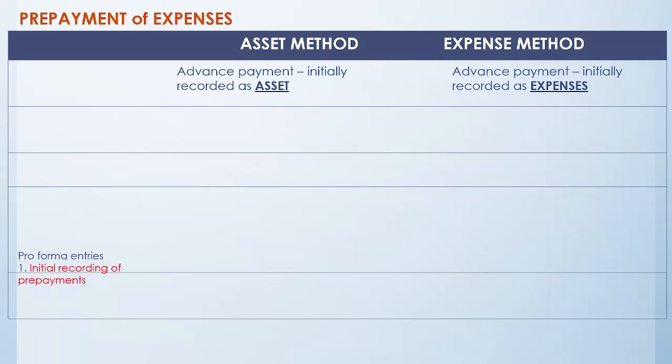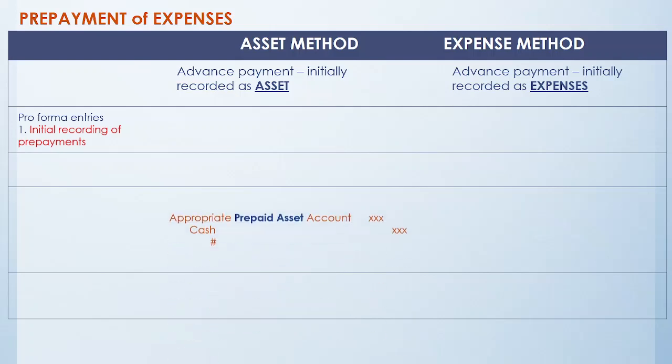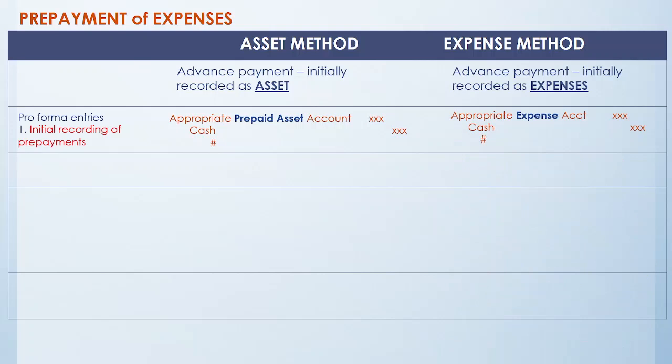Alright, we have the pro forma entries to record the prepayments of expenses. Using the asset method, we debit the appropriate prepaid asset account. Please take note, it is an asset accounting element, and we will credit cash. While for the expense method, advance payment is initially recorded as expenses, so that would be our pro forma entry.